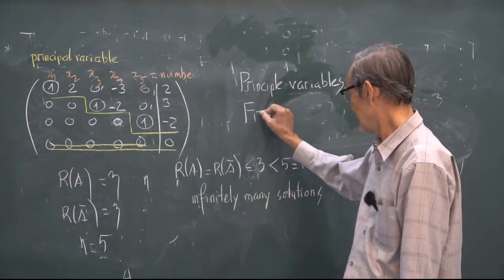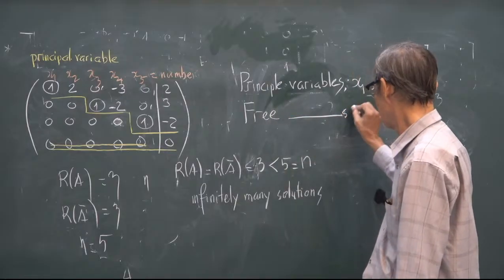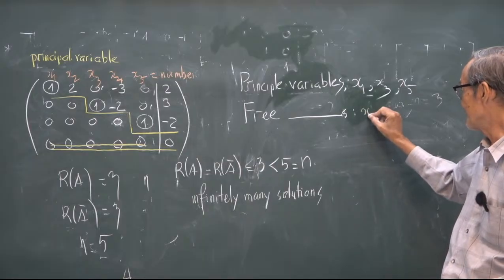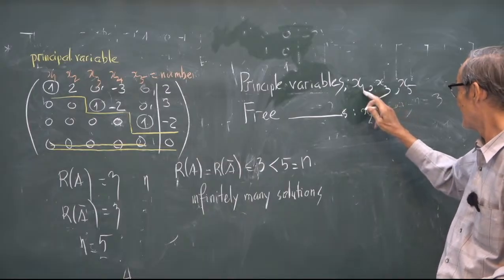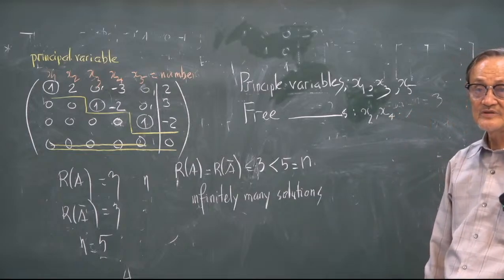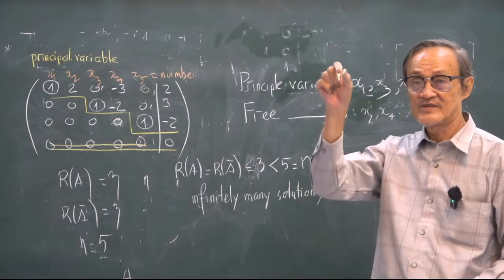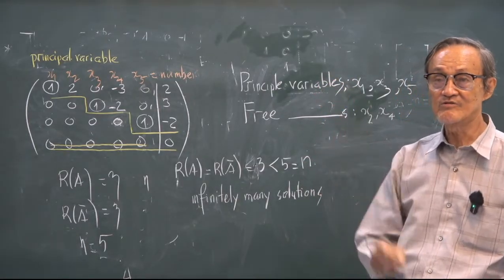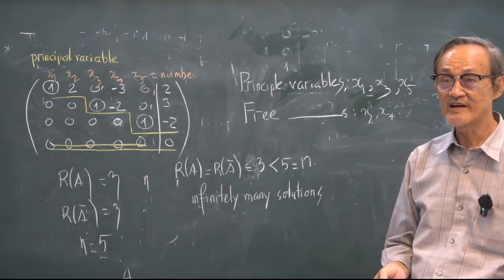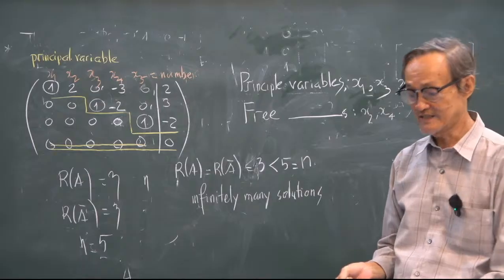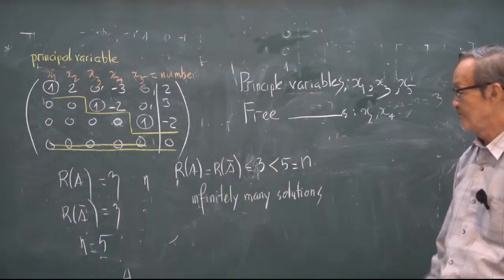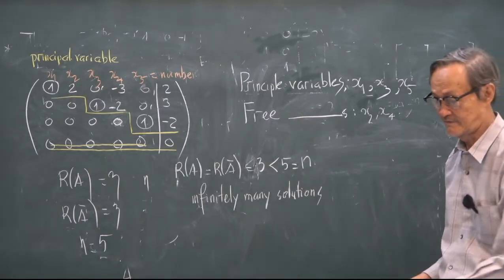The other variables are x2 and x4. Do you understand? Variables corresponding to pivots are principal variables, and the other variables are free. They can take any values.